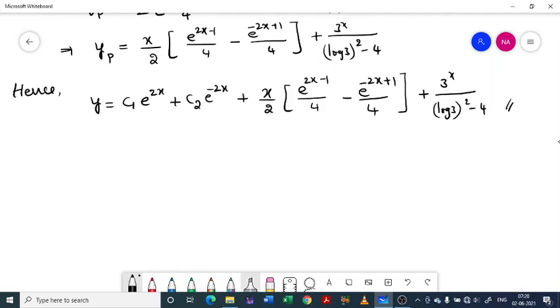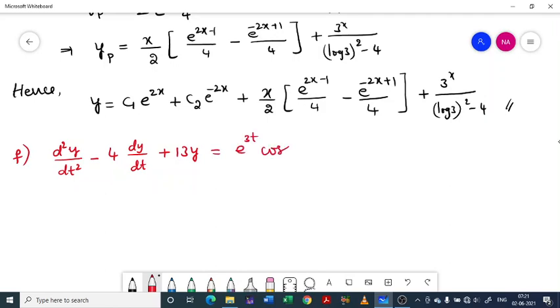Let us discuss one more. F. So the given equation is d square y by dt square minus 4 into dy by dt plus 13y equal to e power 3t cosh 2t plus 2 power t.